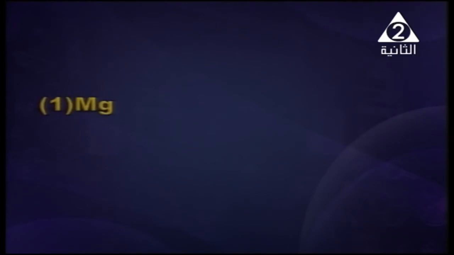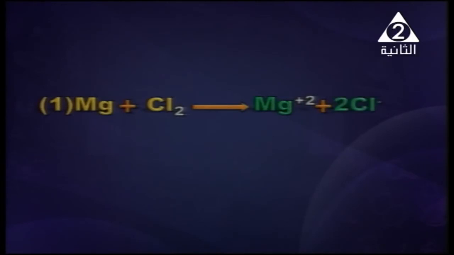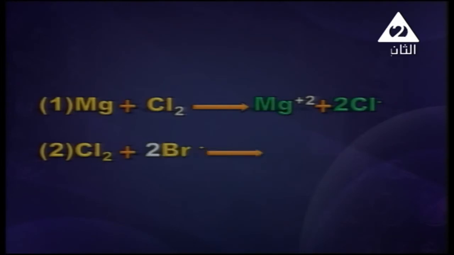Number 1, Mg plus Cl2 gives Mg positive 2 plus 2Cl negative. Number 2, Cl2 plus 2Br negative gives Br2 plus 2Cl negative. There are two different reactions and you must calculate the EMF.